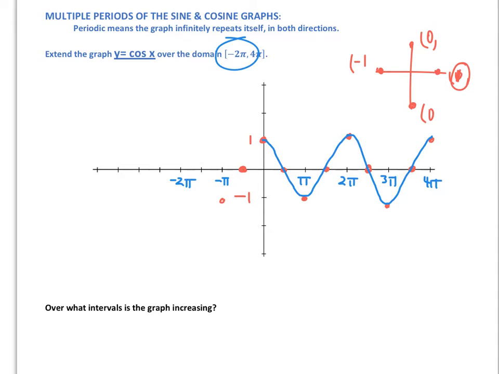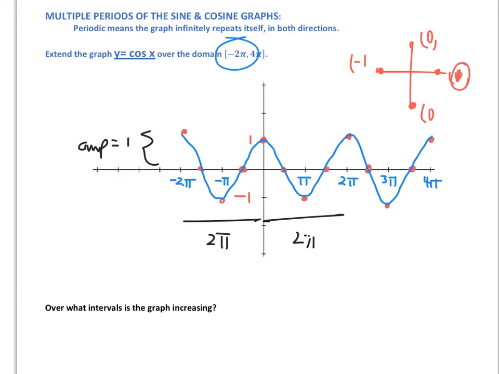Then we're back to 0. And at negative 2 pi, back to 1. Okay, so it's basically your cosine curve just in reverse. All right, so reminder, your amplitude is equal to 1, and then your period length is 2 pi. Here's a 2 pi, and then here's another cosine curve of 2 pi. All right?